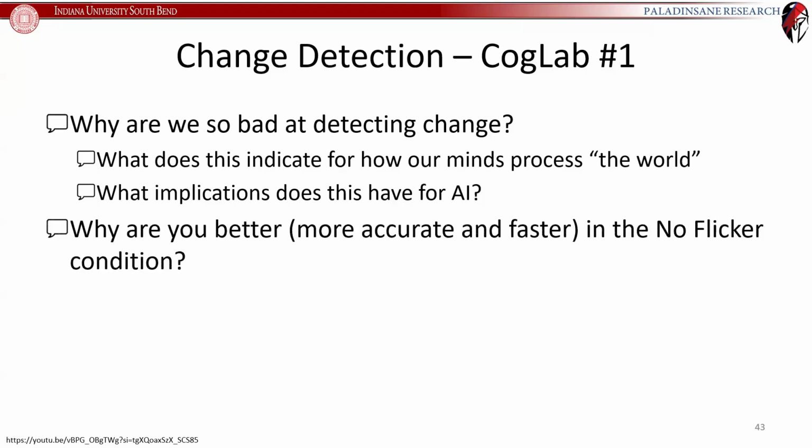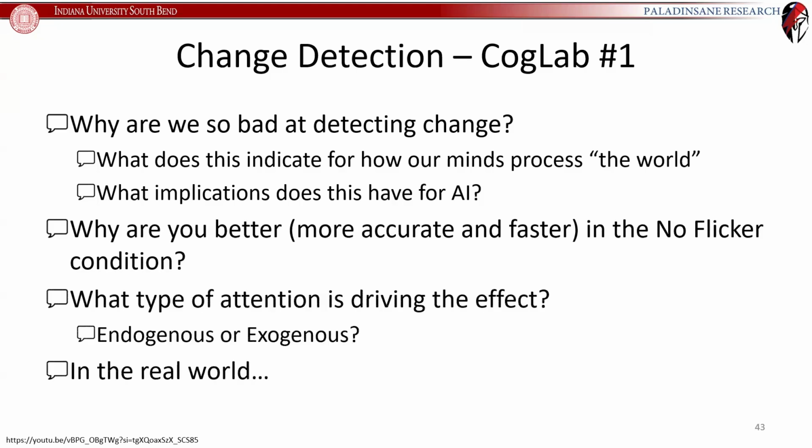All right, so we already talked about the no flicker condition, what type of attention is driving the effect, endogenous or exogenous. We discussed that. So what we're going to take a look at now is this in the real world. We took a look at you in the Cog Lab. You had change detection, but it was in static pictures. And in the videos that we took a look at for the moonwalking bear and for the whodunit case, that again was videos.